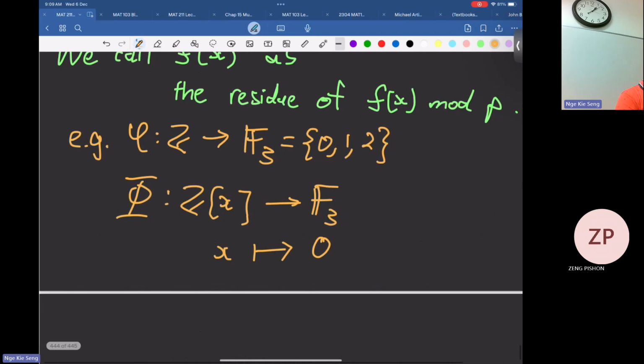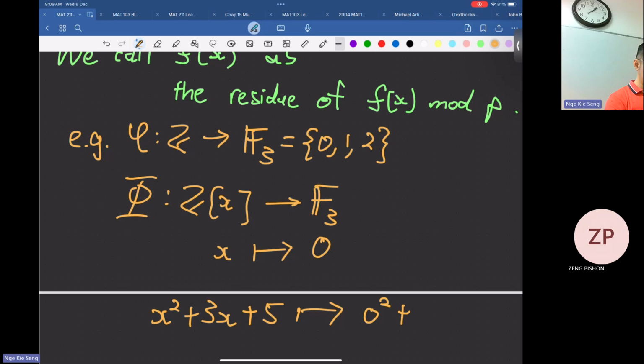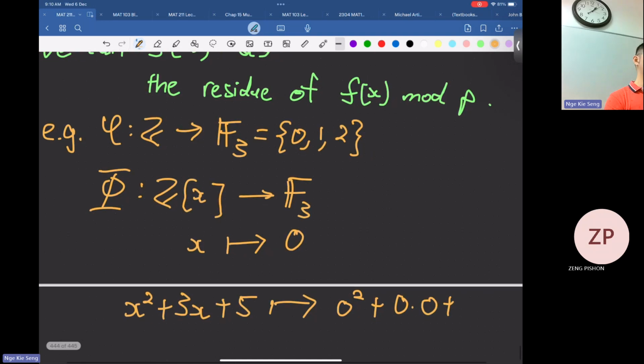Suppose, for example, we look at x squared plus 3x plus 5. Where should this element get sent to? It should get sent to 0 squared plus 3 mod 3, you get 0 times 0 plus 5 mod 3. You get 2.